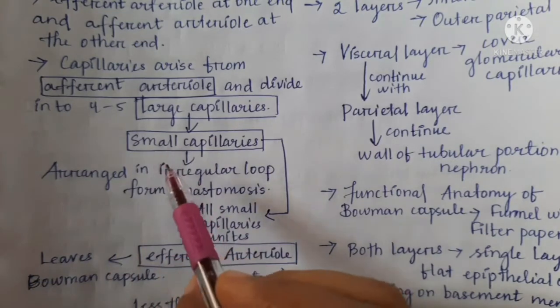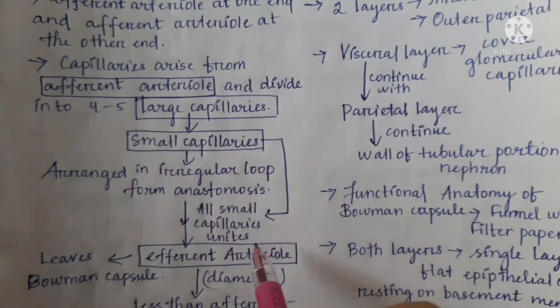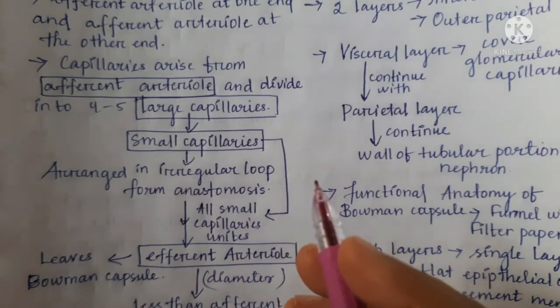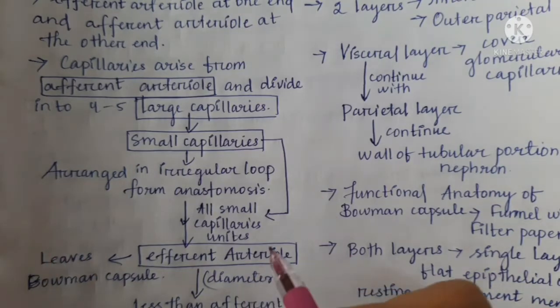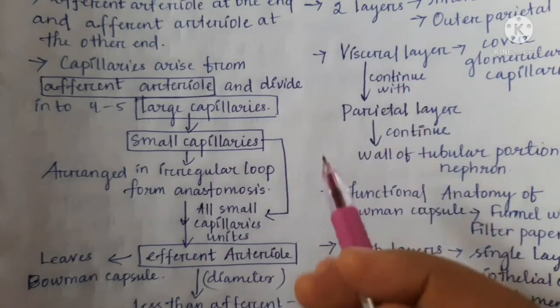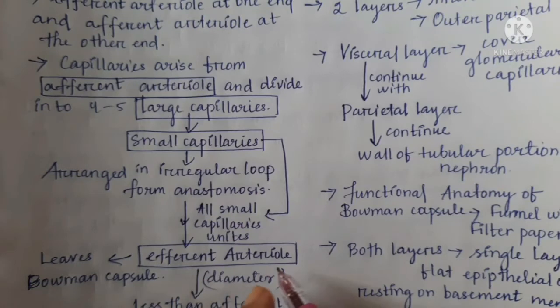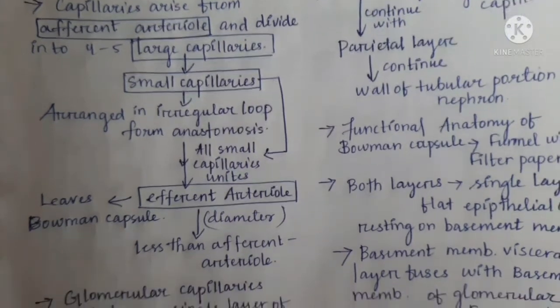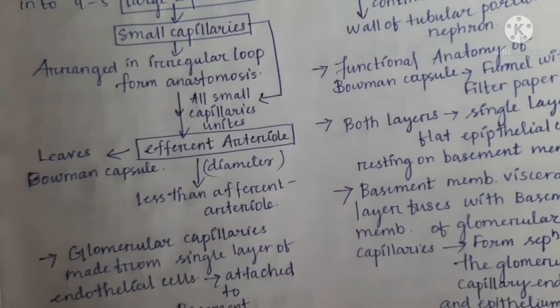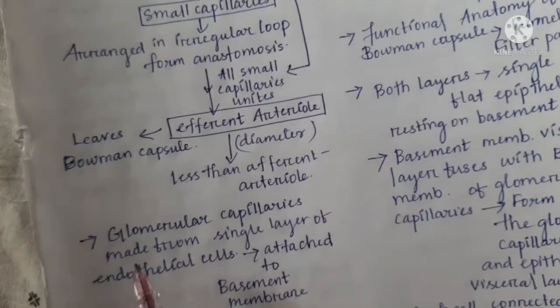Then again these small capillaries unite to form the efferent arteriole, and we know that the afferent arteriole enters the glomerulus and the efferent arteriole exits the glomerulus. So after formation of the efferent arteriole, it leaves the Bowman's capsule. And the efferent arteriole has a diameter less than the afferent arteriole, which is a physiologically significant property.